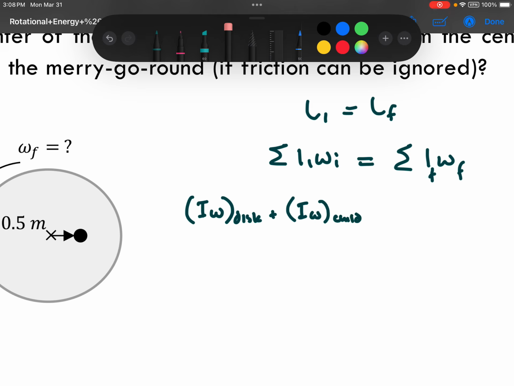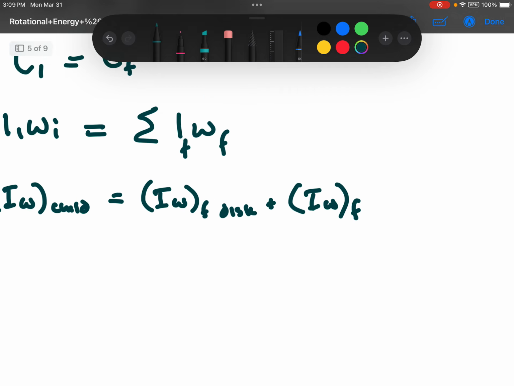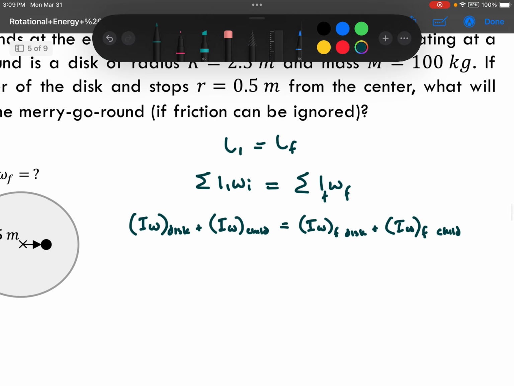Likewise, we're going to have some symmetry. We're going to have the disk and the child after the child has moved as well. So these are both initial; and finally I omega f of the disk, plus I omega f of the child. All right, now we're getting somewhere.